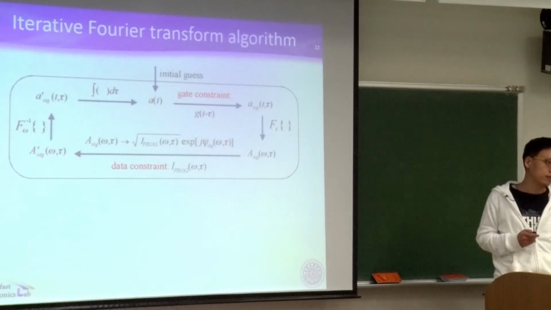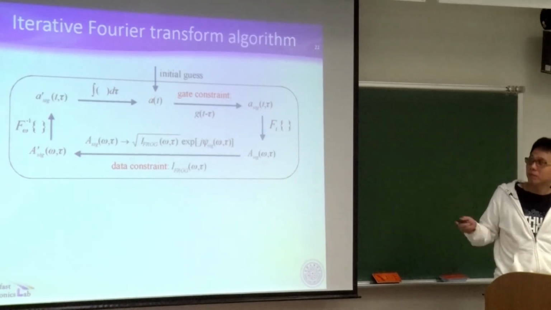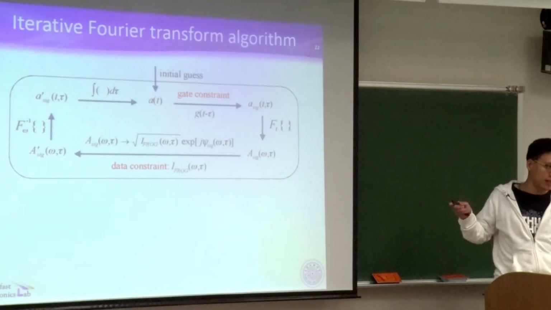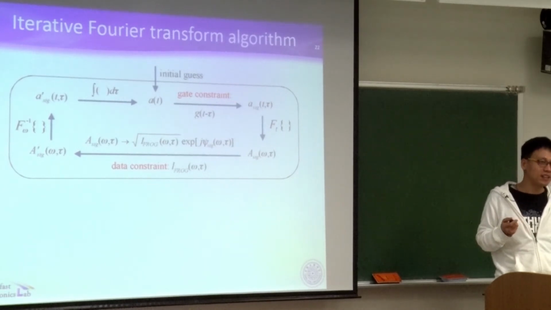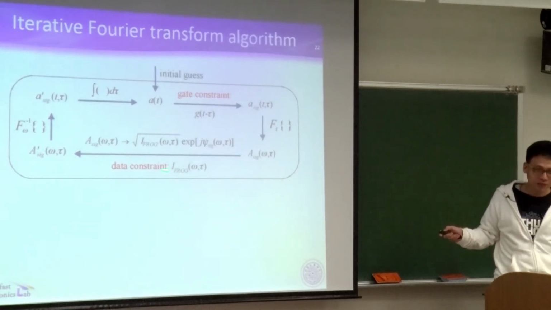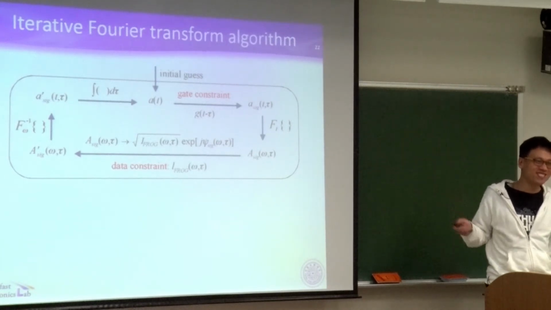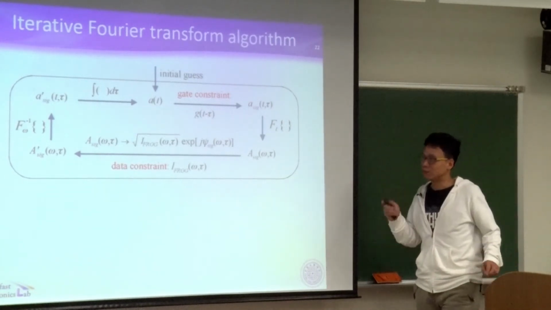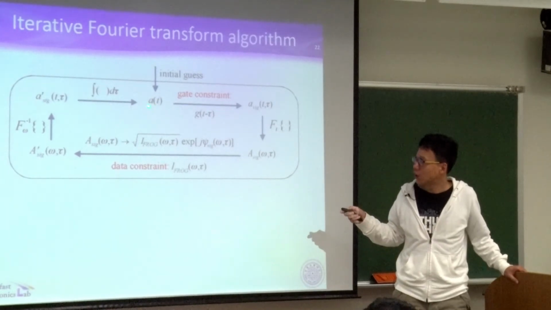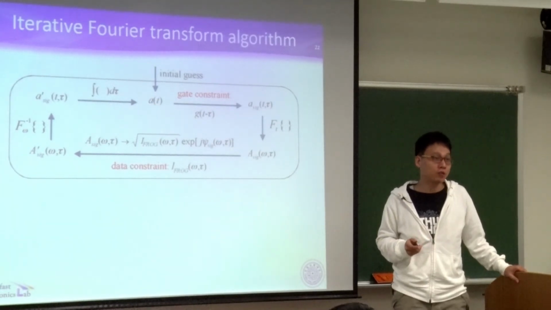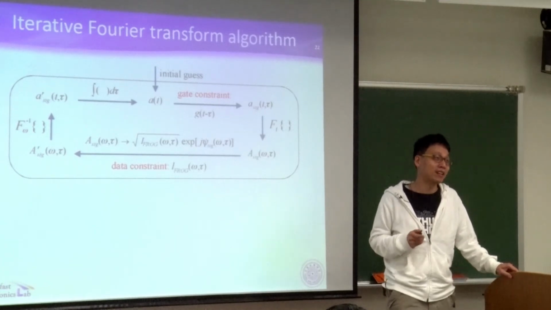You should get A of t. So this is the updated A of t in the first loop. Okay. Then just keep on going, many loops. And eventually we are expected to converge to the right electric field A of t. Any questions?